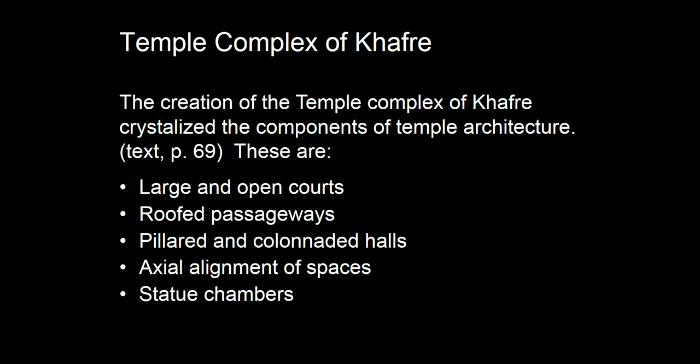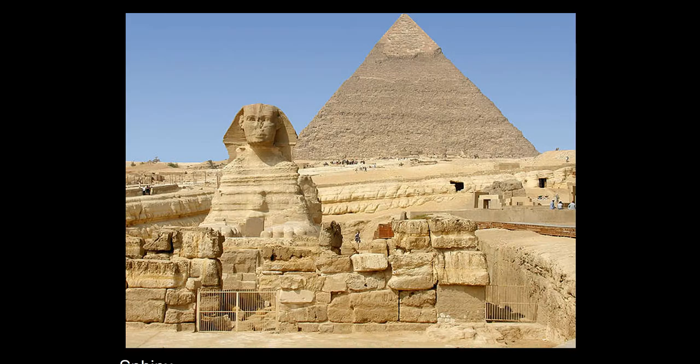A lot of these things you start to see being an adaptation of what you saw already going on in the pyramids. So here we see the big pyramid in the background, the causeway coming down, and the Sphinx located down at the base. The Sphinx is actually next to the temple complex.